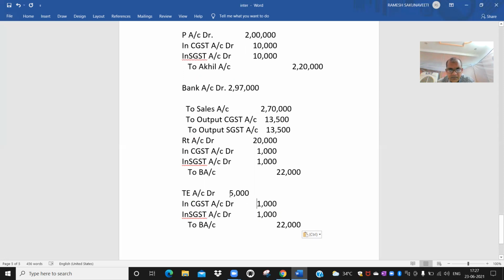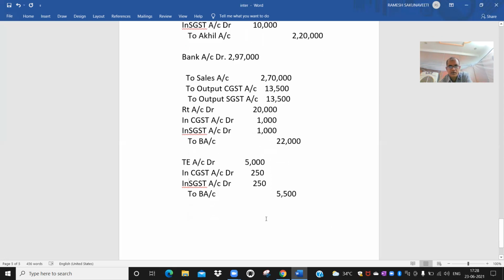On 5,000, 5% means how much? 250. So here also it will be 250. Next, it will be 5,500. Is the next transaction over? Yes, sir, it is finished.